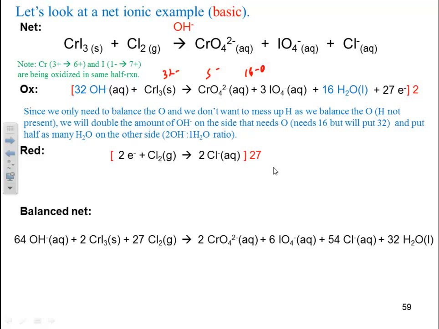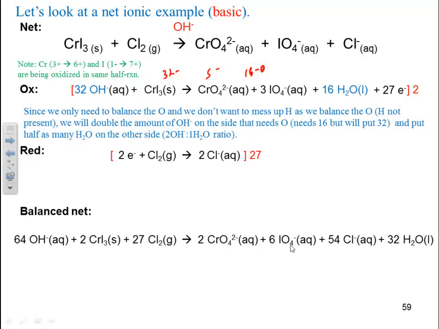So I need to reduce this if I can, and since I got odd and even numbers, that's not going to be able to reduce, but all my atoms should be balanced as well as my charges. Let's check it out. I got 2 chromiums and 2 chromiums, 54 chlorines, 54 chlorines, 64 hydrogen, 64 hydrogen, 64 oxygen.